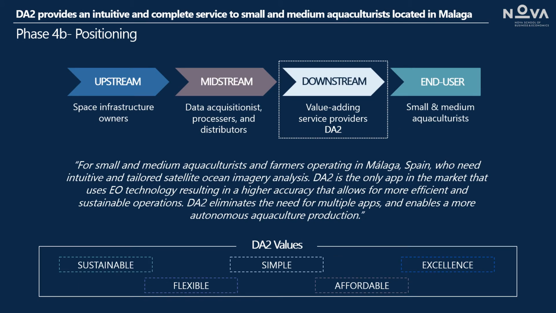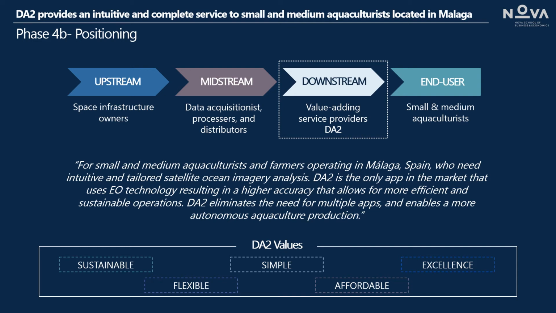DA2 provides an intuitive and complete service to small and medium aquaculturists located in Malaga. We position ourselves in the downstream industry as we provide value-adding services, and this is our positioning statement.